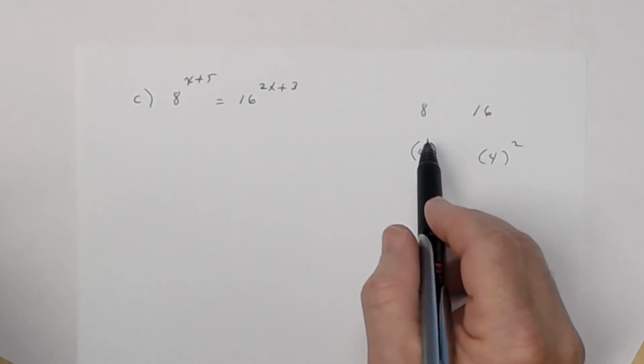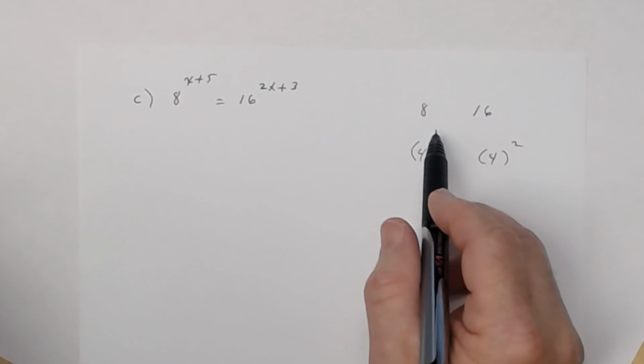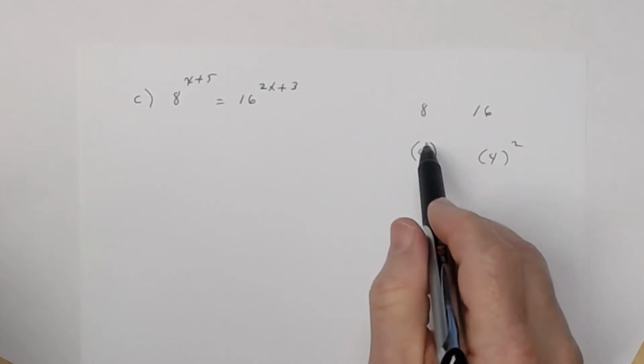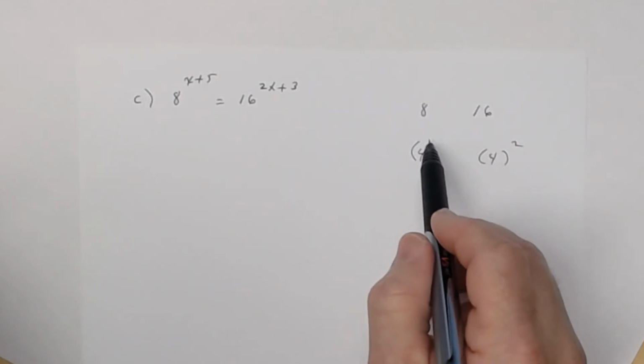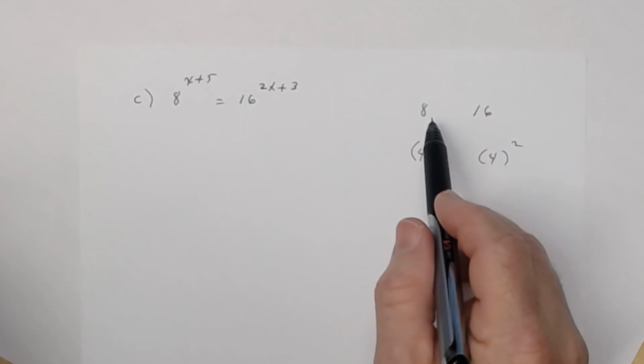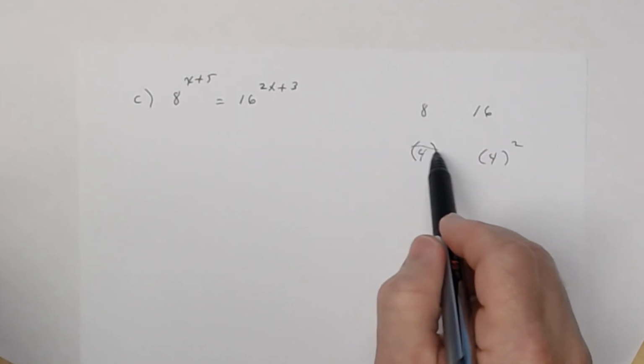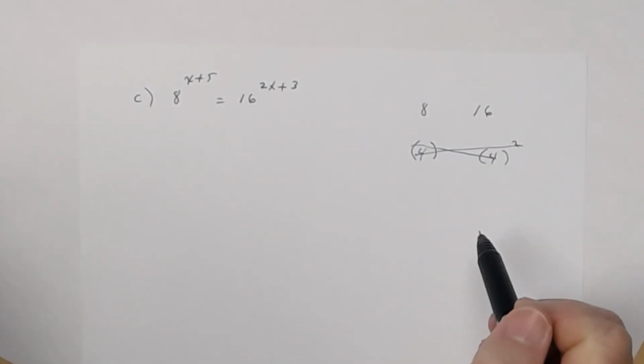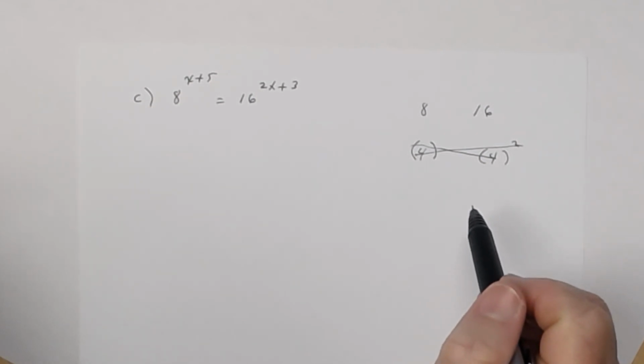And you're probably going to want this to be a positive integer. So 4 to the first power is 4, 4 to the second power is 16. So there's no way you'll be able to get the bases to be 4. This is basically what I'm saying here. So you've got to try something else.